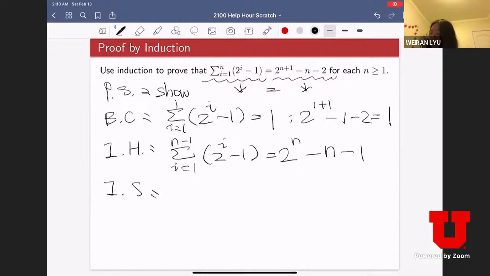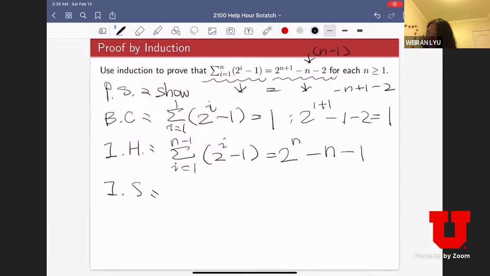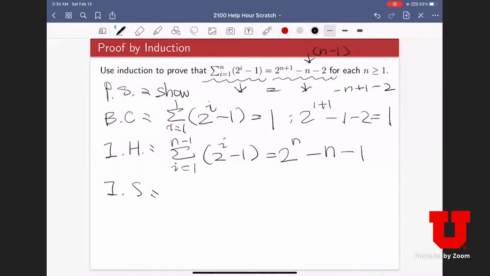But we're substituting n equal n minus 1 here. So if you take out the parentheses, that would be plus 1. Oh, okay, my bad. Yeah, so you have minus 1 and plus 1 and minus 2. And that will give you minus n and minus 1. Yep, thank you.